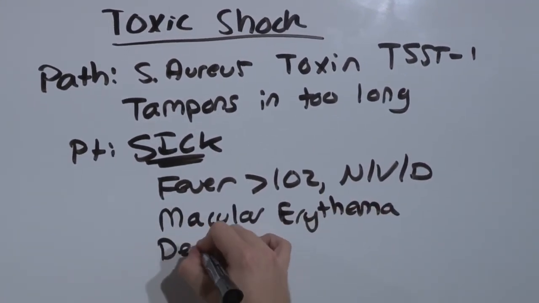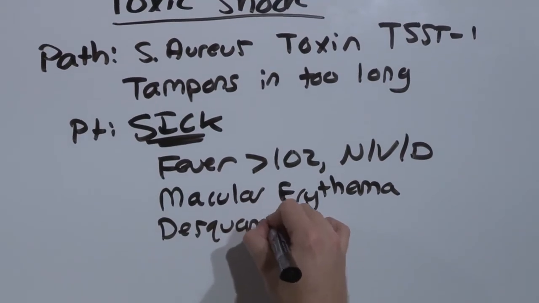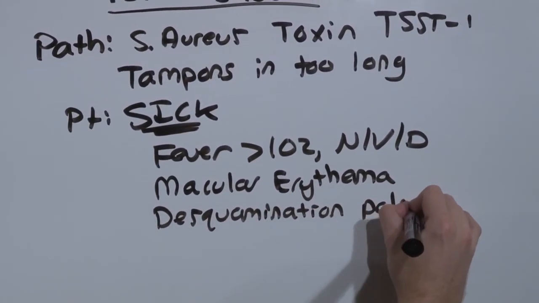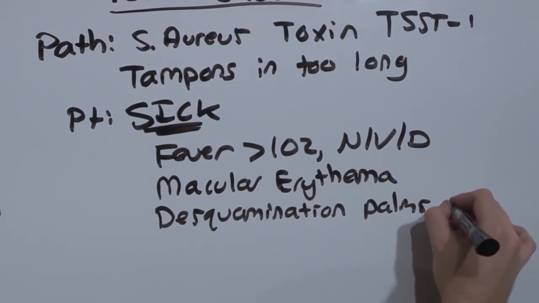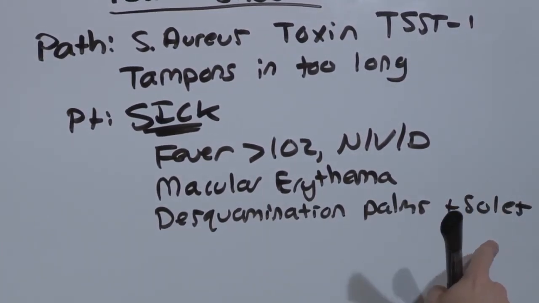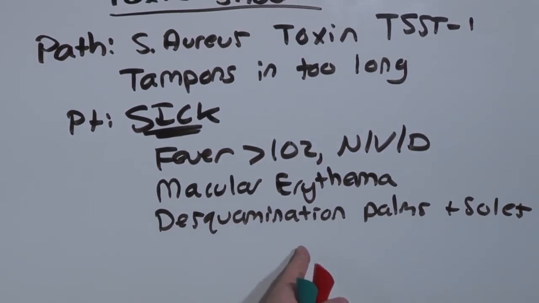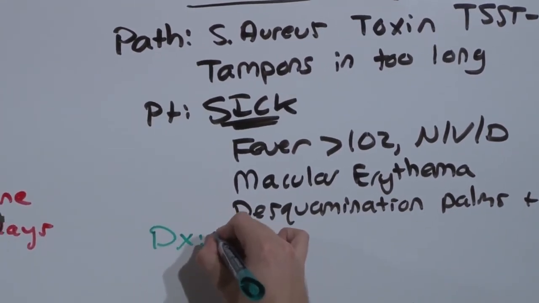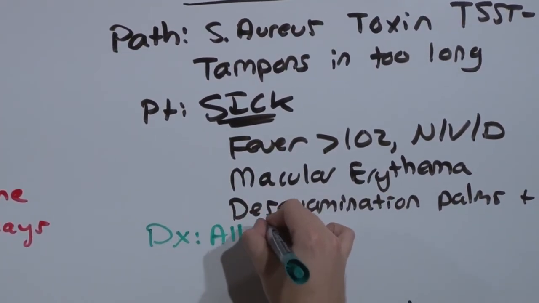And there's going to be desquamation of the palms and soles. There are not many diseases that desquamate the palms and soles. And so if you see this or hear this in a test question, especially in an OB question, guaranteed to be toxic shock. If you perform any diagnostic tests like blood cultures, they're all going to be negative.